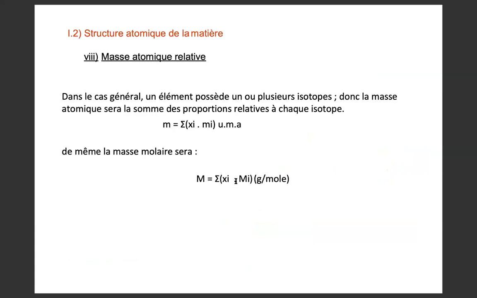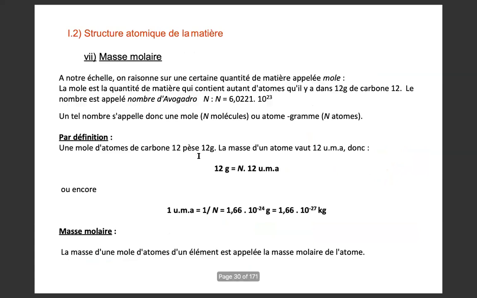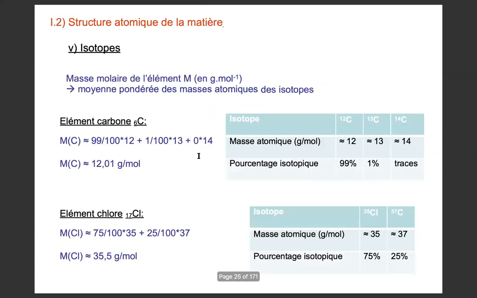So the percentage of the isotope multiplied by its mass. That is going to give you the relative atomic mass, which is what we are doing here. We're saying the percentage multiplied by the mass plus the percentage multiplied by the mass. It's going to give us exactly 12.01.